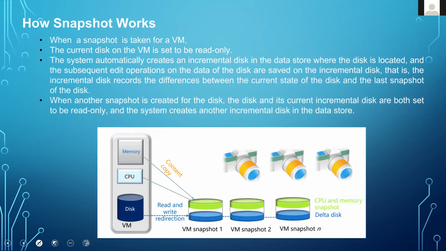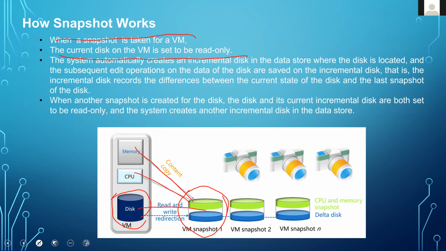Whenever you take a snapshot, the current disk is set to read-only mode. You cannot write to this anymore. Another disk will be created on the same datastore, and now all the read-write operations are redirected to this disk.